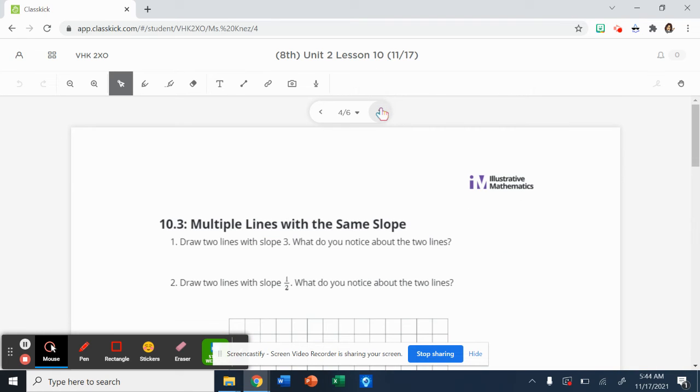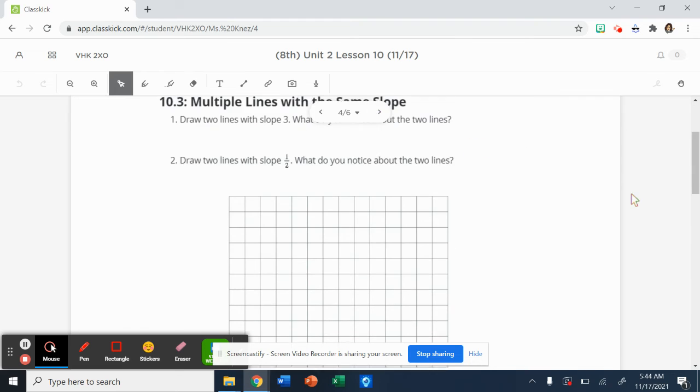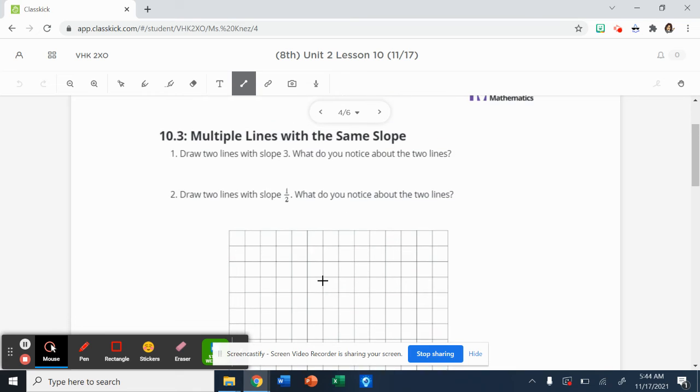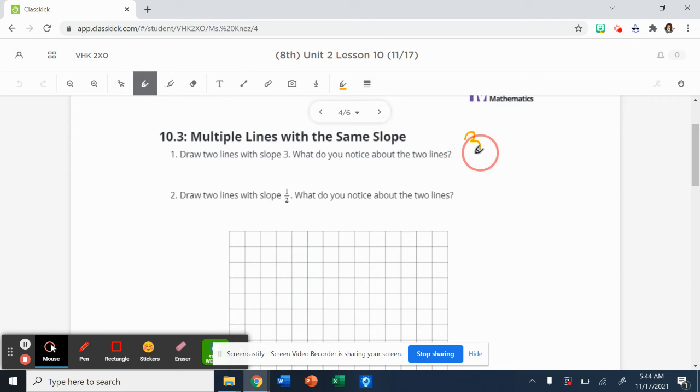So let's take a look at 10.3 for some more examples. Draw two lines with a slope of 3. What do you notice about the lines? Well, to draw a line with a slope of 3, I know that I'm going to need to be able to fit a triangle on the line that has a rise over run, or a vertical over horizontal, of 3/1.